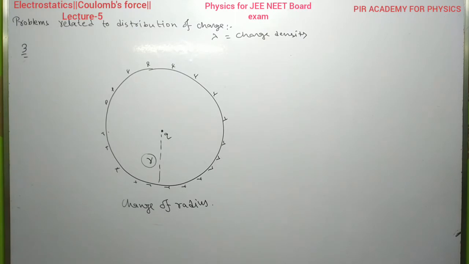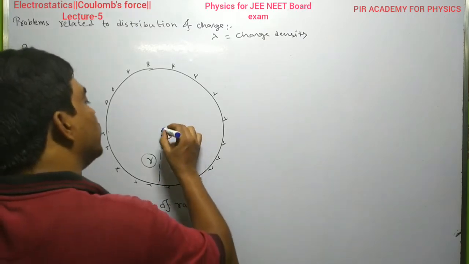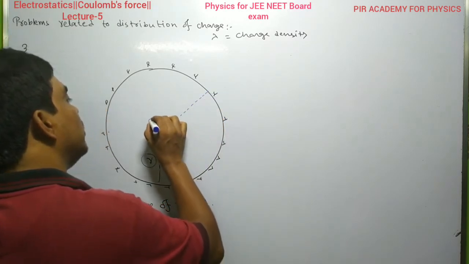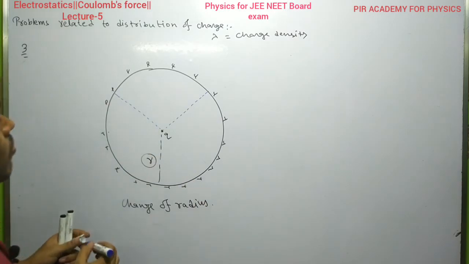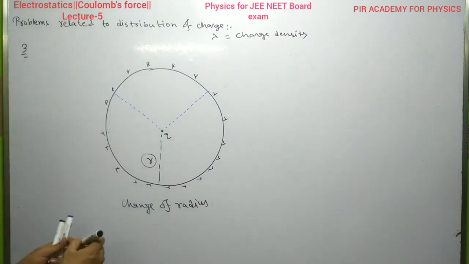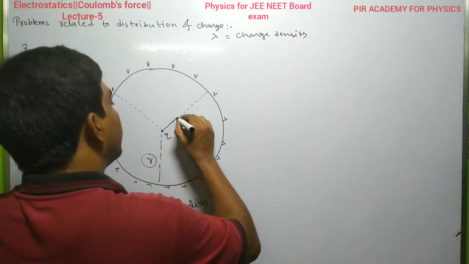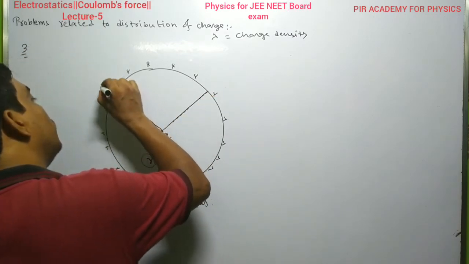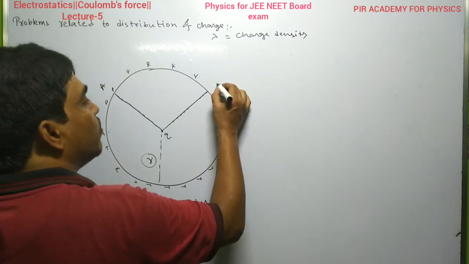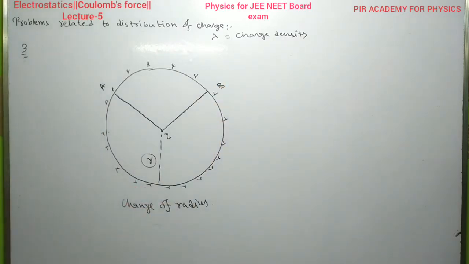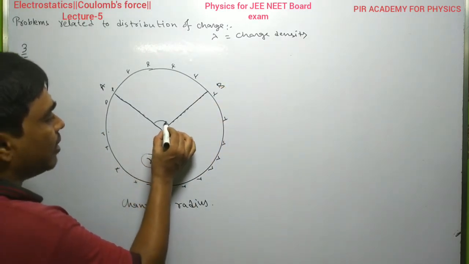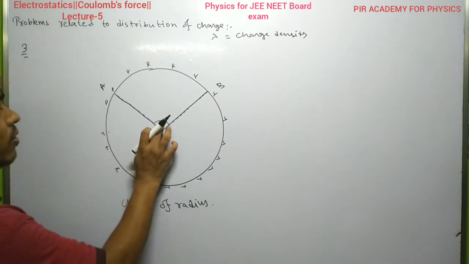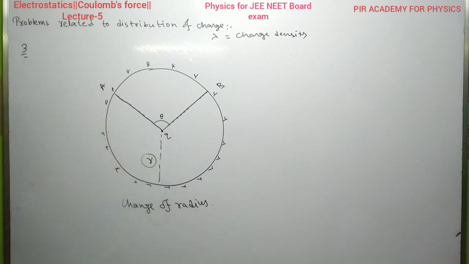So if I take an element along this direction, suppose this is point A and this is point B, and the total angle is theta.